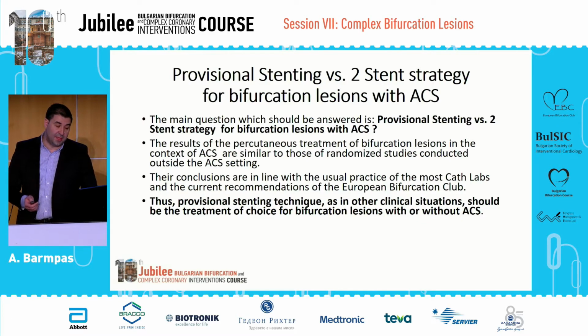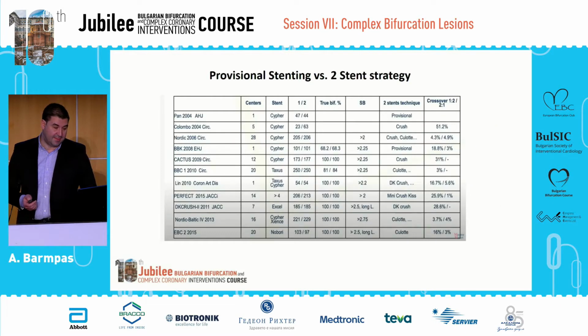The results of the percutaneous treatment of bifurcation lesions in the context of ACS are similar to those of randomized studies conducted outside the ACS setting. Their conclusions are in line with the usual practice of most cath labs and the current recommendation of the European Bifurcation Club. Thus, the provisional stenting technique, as in other clinical situations, should be the treatment of choice for bifurcation lesions with or without ACS.